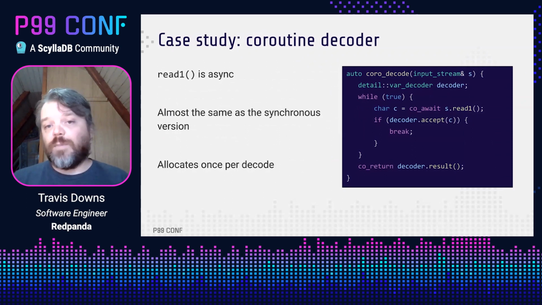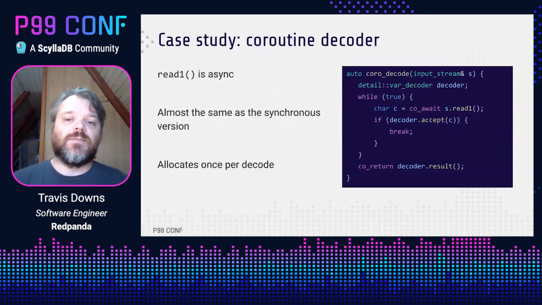So here's an example of our varint decode function. I'm not showing the decoder itself. That's inside the var decoder. That decoder class just accepts 1 byte at a time and does the work of accumulating the result and determining when the varint has finished. So in the loop, we basically read 1 byte from the input stream.